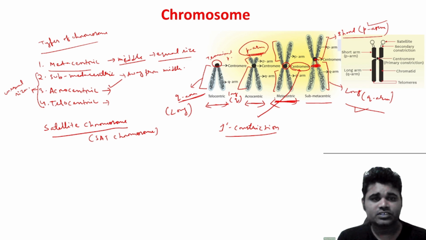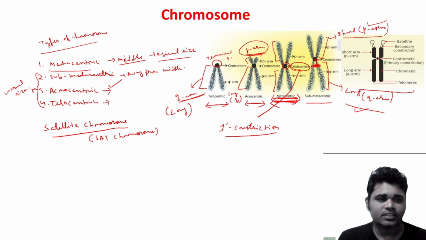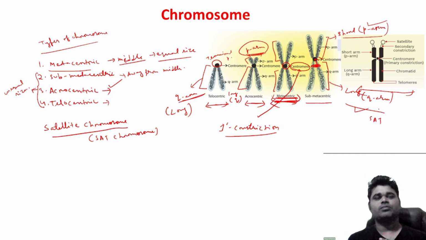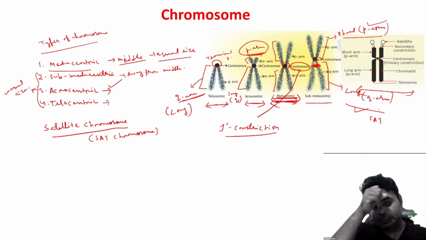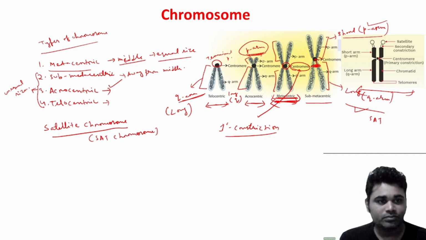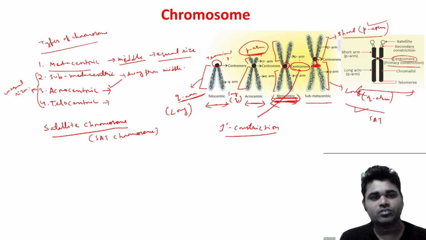Look at the structure of the chromosome. This is the simple chromosome, and look at this structure, which is called the satellite or SAT chromosome. In the satellite chromosome, one centromere, or primary constriction, is present, which is also present in the ordinary chromosome.